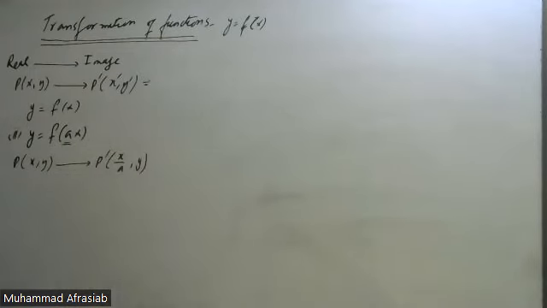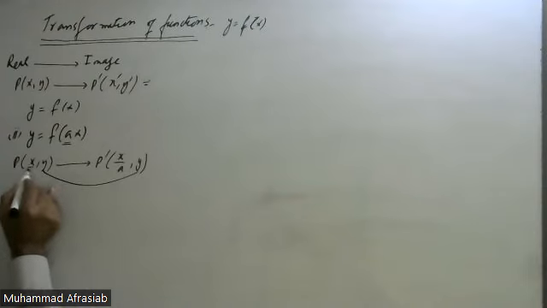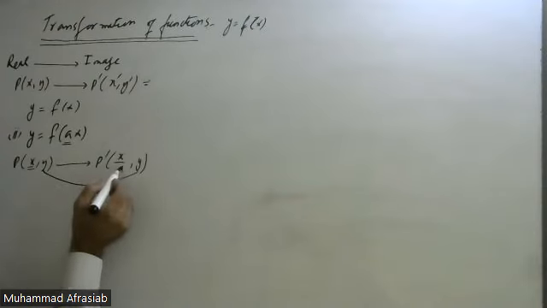the point image will become x over a and y. So you have seen in this case that the y coordinate is remaining the same, whereas the x coordinate is 1 over a of that value of x there.